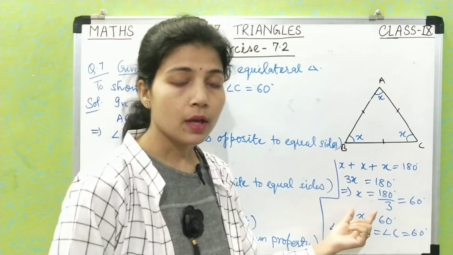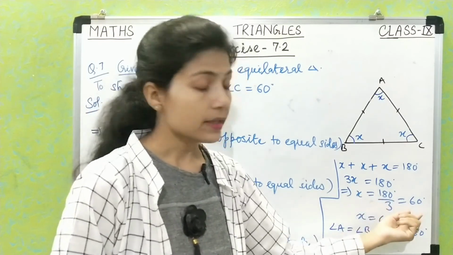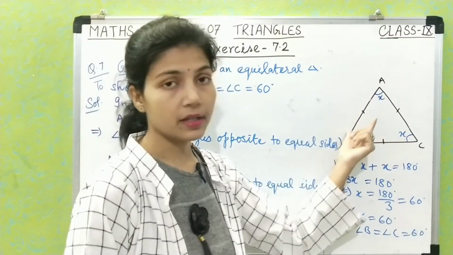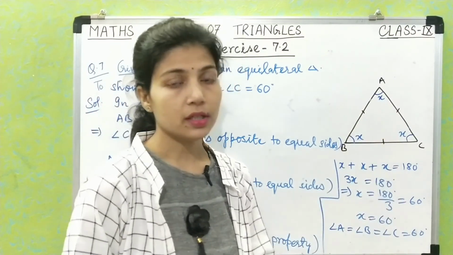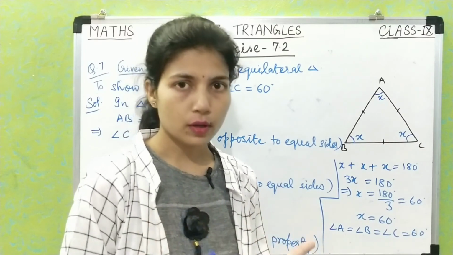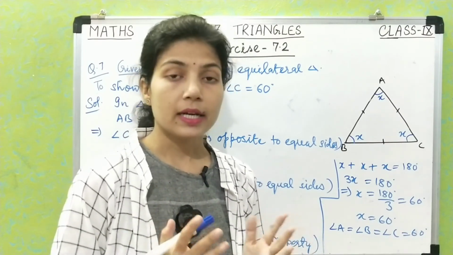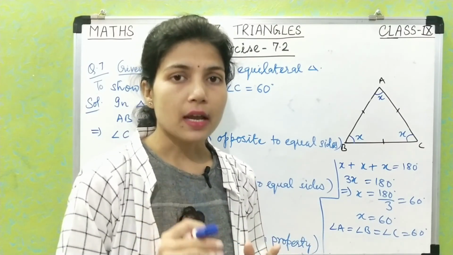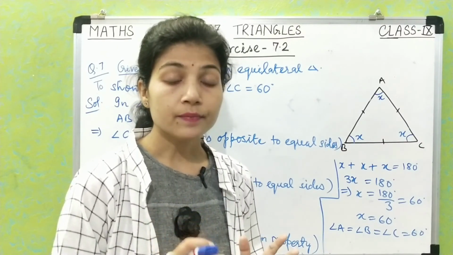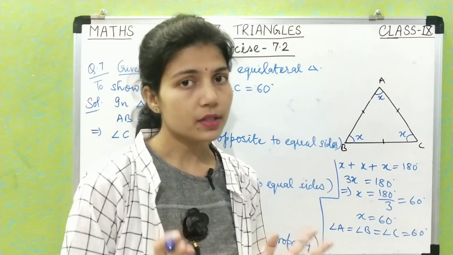So we are getting the value of x as 60 degrees. It means all the interior angles of a triangle are 60 degrees in case of an equilateral. So we also have to remember that in an equilateral triangle every angle is equal to each other and also of measurement 60 degrees.